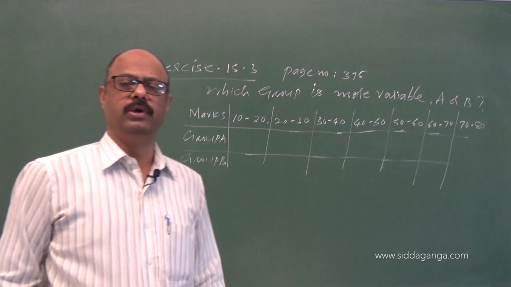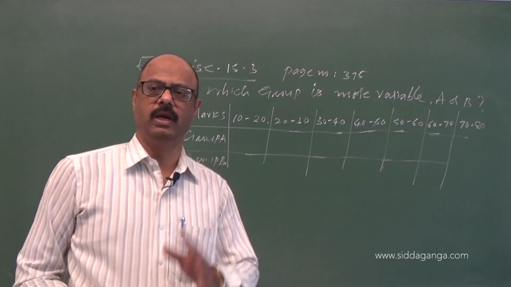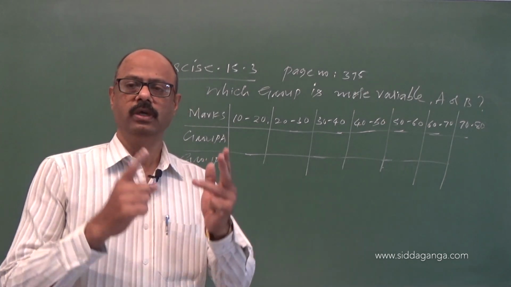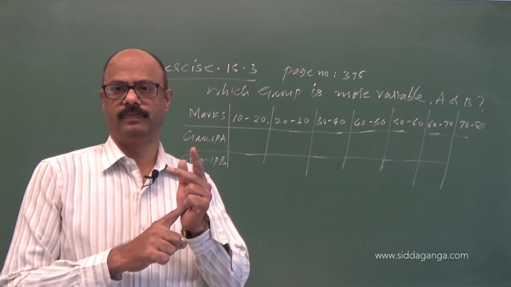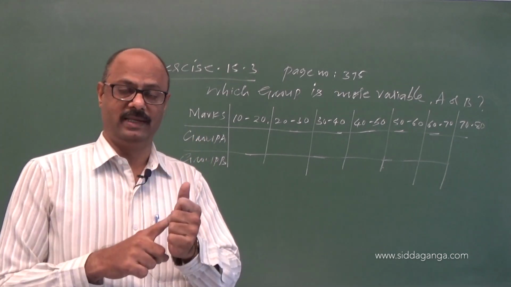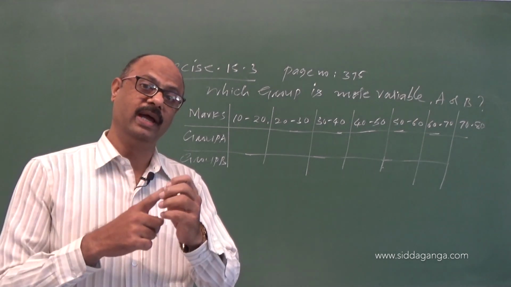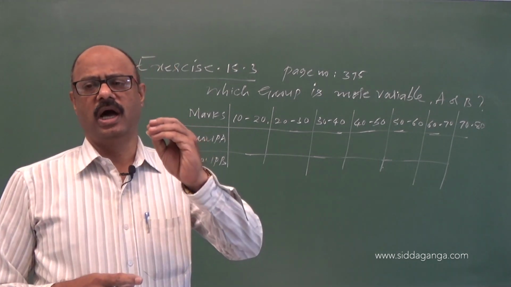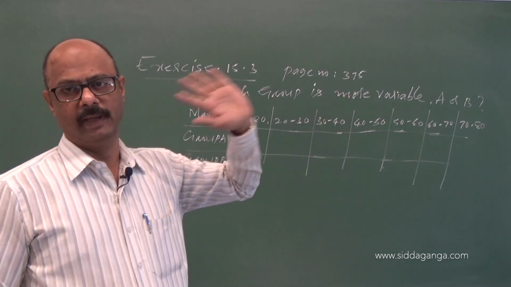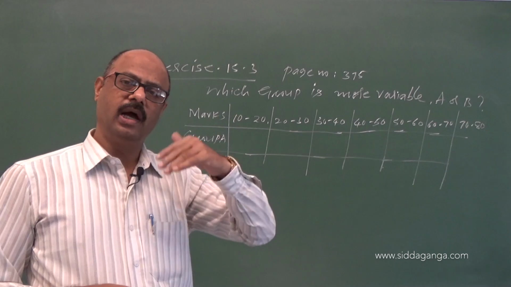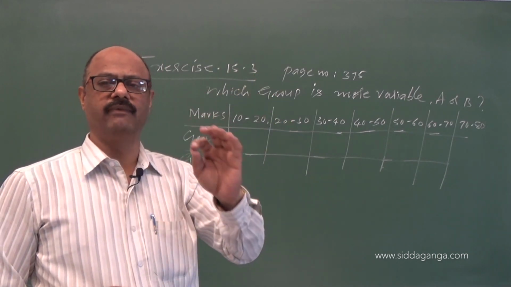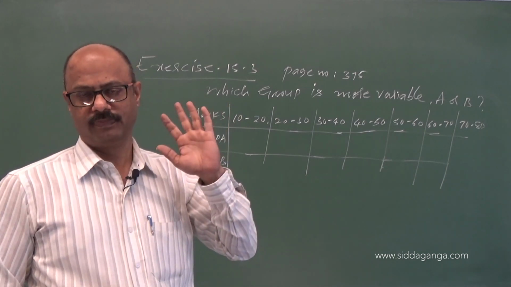So first what we'll do is, by using this class interval, we'll find xi, we'll find assumed mean, we'll find h, we'll find yi, and we'll find yi square. These are the common columns for both the groups A and B. Later we will find for group A, fi into yi and fi into yi square.